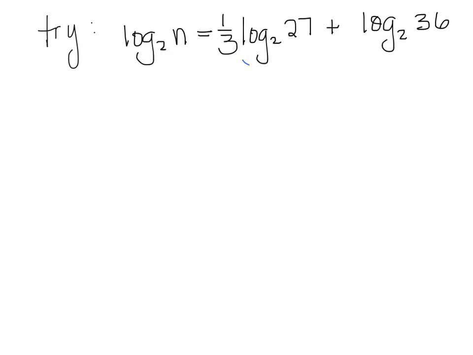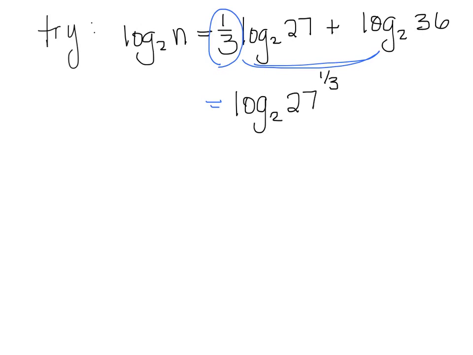I cannot add these 2 logarithms together because one of them has a 1/3 on it, and the other one doesn't. So I can't combine those yet. So what we have to do is sort of remove the 1/3 from in the front, and we'll just take it up into the exponent, so it's up there instead. So what we're going to have is working the property backwards, log base 2 of 27 to the 1/3 power.